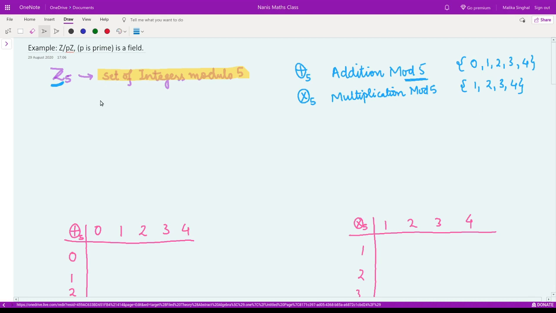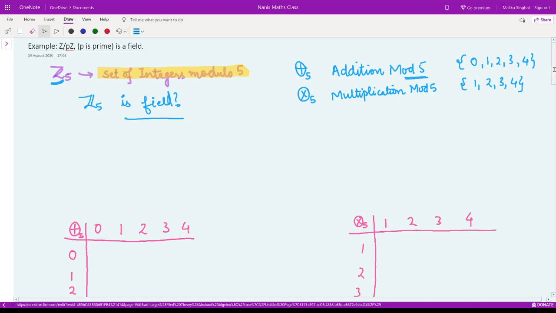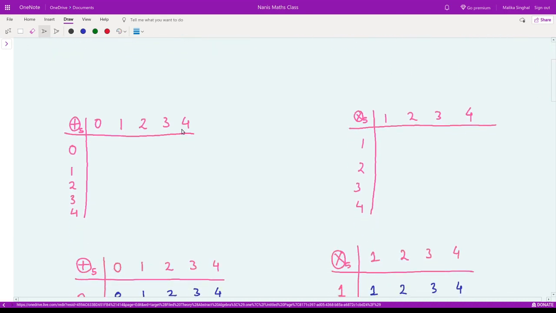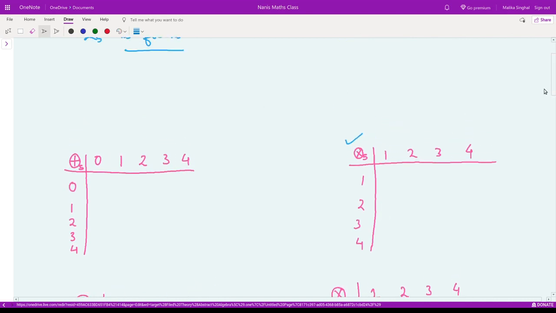To see whether this Z5 together with these two operations is a field or not, we first create two tables, an addition mod 5 table and a multiplication mod 5 table.